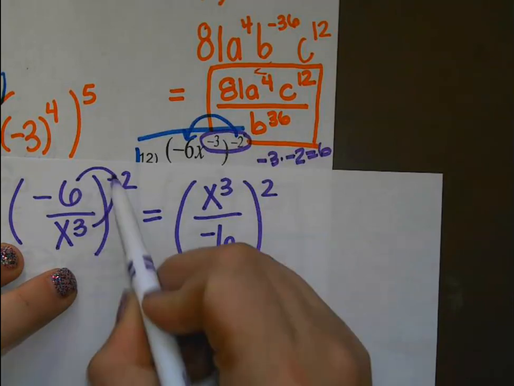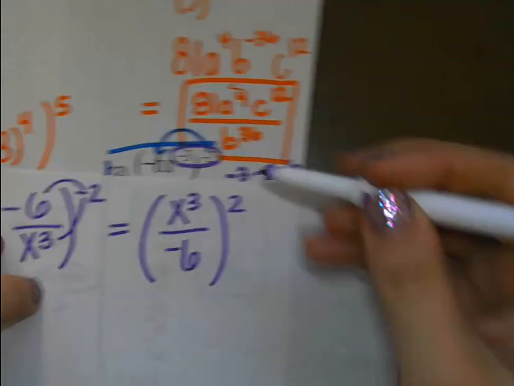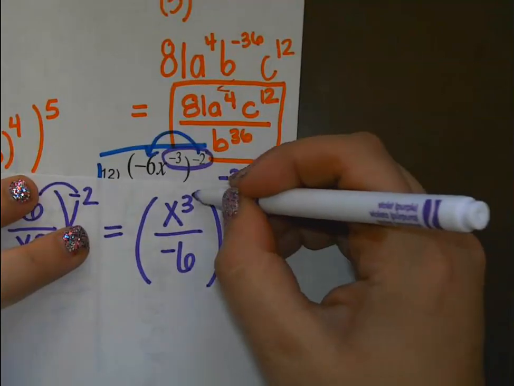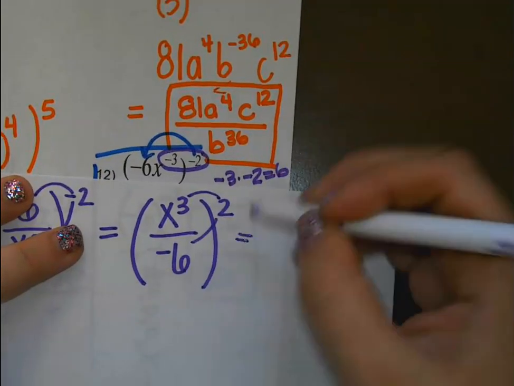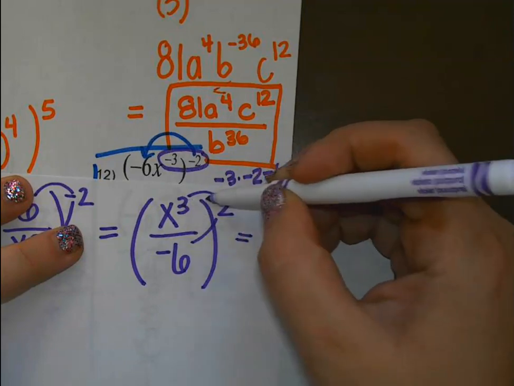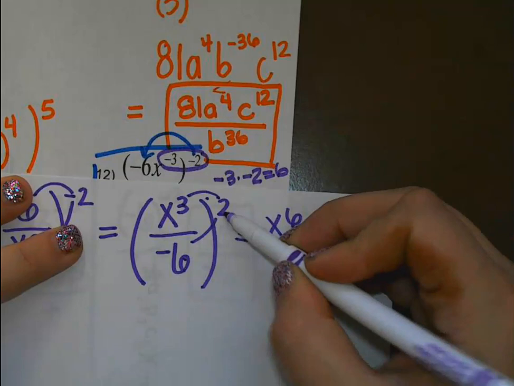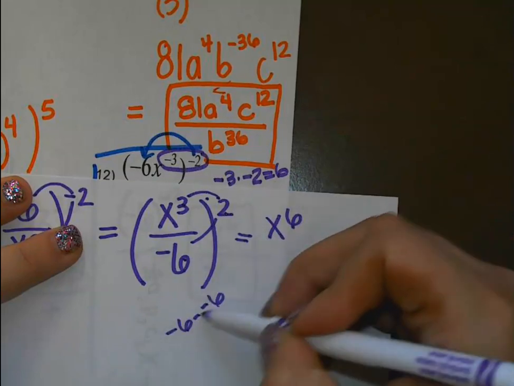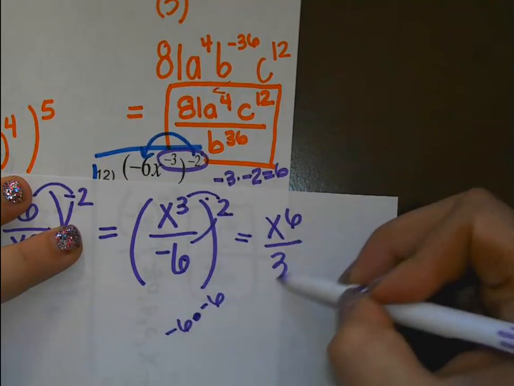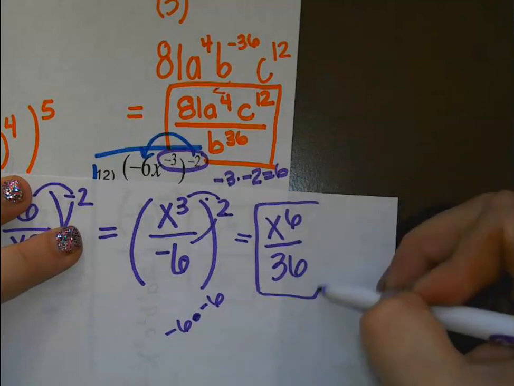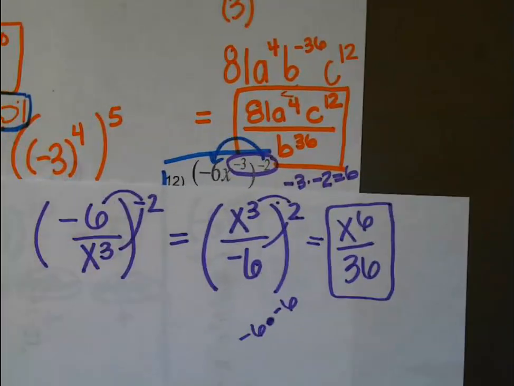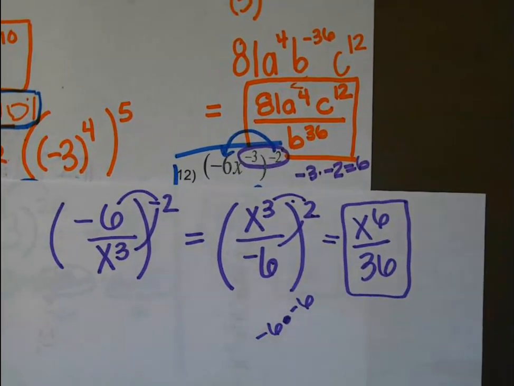So when you distribute this to both of them, it switches. And then I can now distribute. So this would be 3 times 2 is 6. And then -6 squared, so -6 times -6 is 36. So we get the same answer. This problem has probably 3 different ways to get the same answer here.